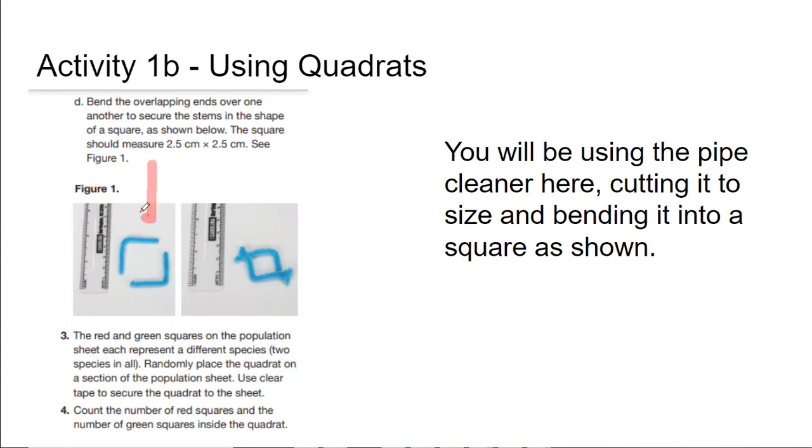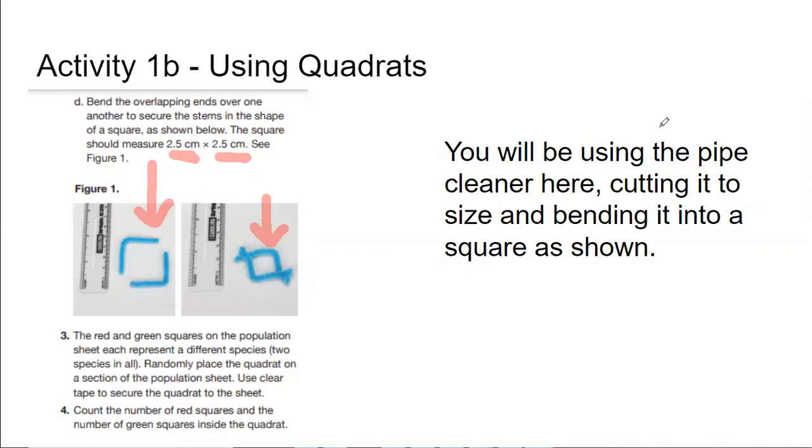Okay, so you can see it here. And then you bend it at right angles and you connect it to be basically a little square that's going to cover an area of 2.5 centimeters by 2.5 centimeters. So, that's why you need to have your ruler out again and make sure that you're cutting it and measuring it the correct size.